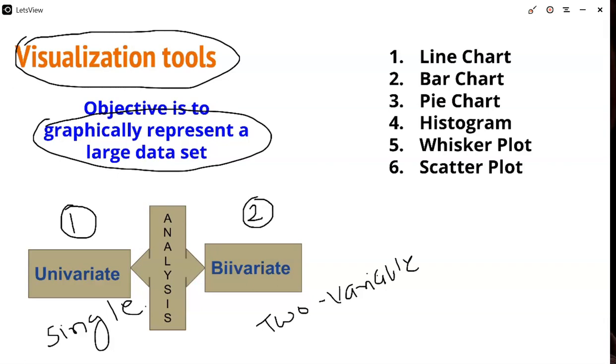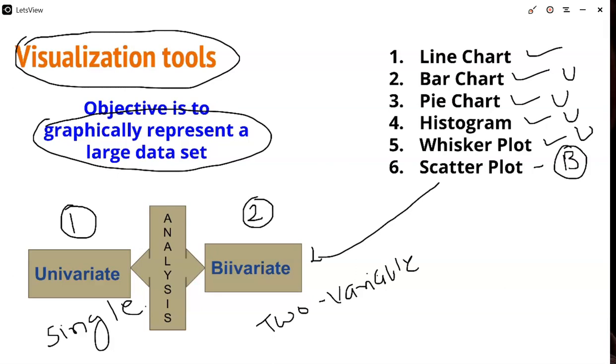The visualization tools used for univariate and bivariate analysis are: line chart, which is used for univariate; bar chart, also univariate; pie chart, again univariate; histogram, again univariate; and whisker plot, again univariate. The scatter plot is the only tool used for bivariate analysis. All the other tools are used only for univariate analysis, to get insight about a single variable.